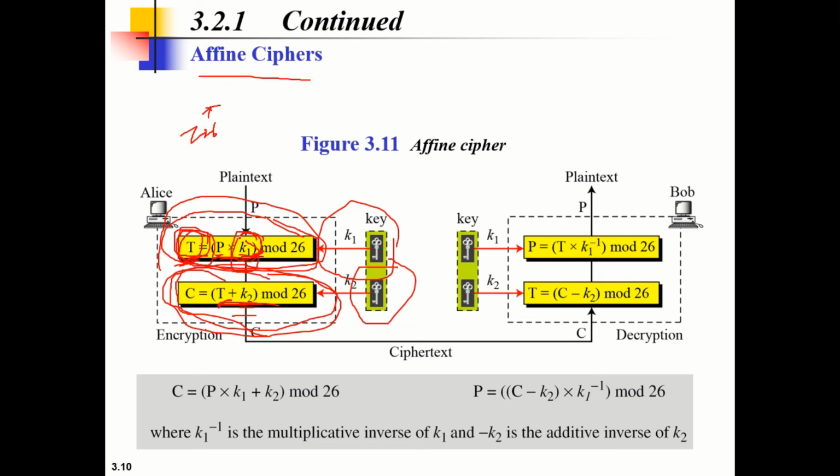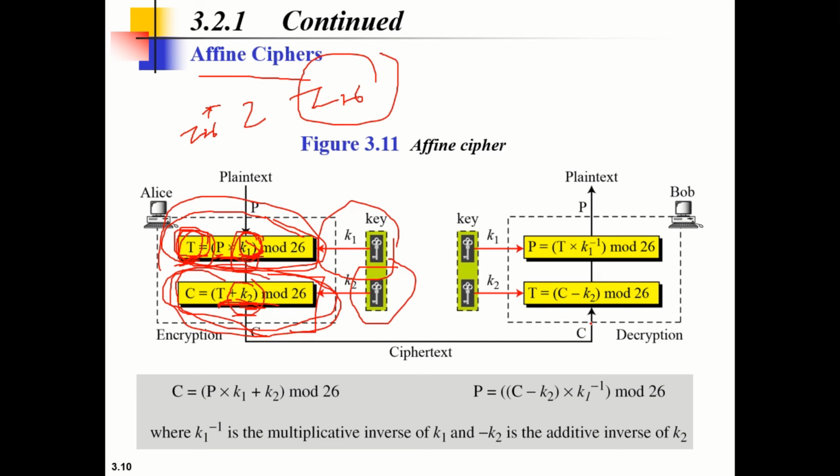That is why we use this key from Z26 star. The K2 key can be from the set Z26, because this is the additive cipher, and each and every number in the given set has its additive inverse. So we can use the whole set for this step.